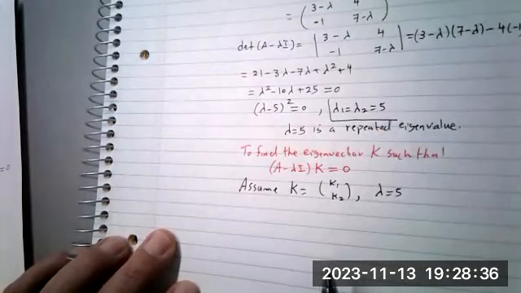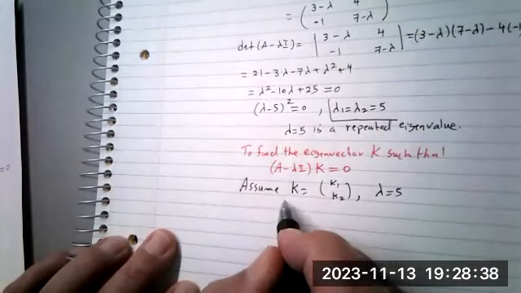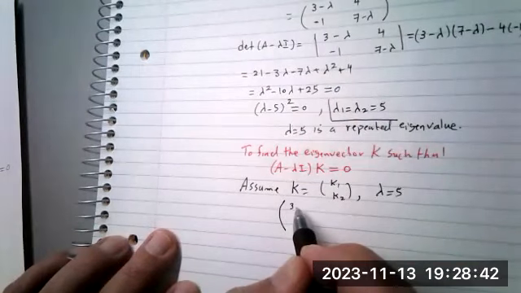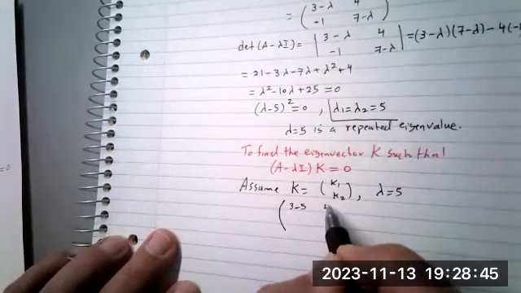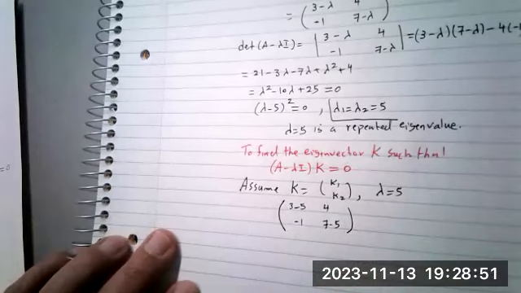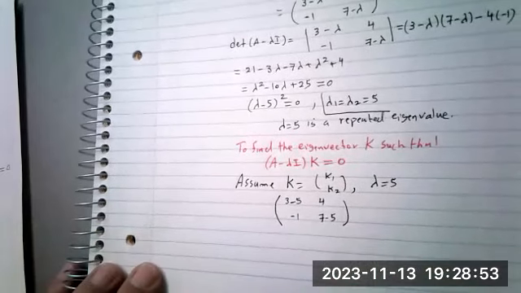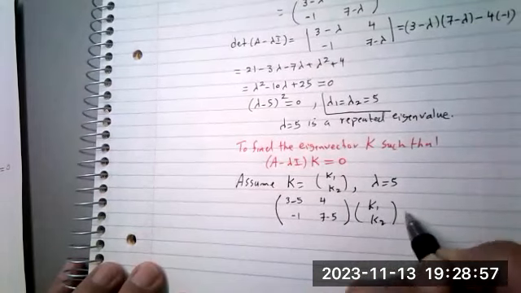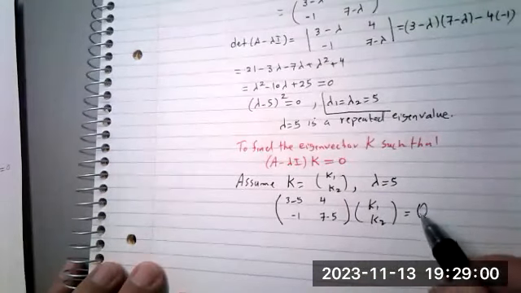So basically this is what would happen. That was 3 minus lambda, 3 minus 5, 4, -1, 7 minus 5. That is your A minus lambda I, times K, which is K1, K2, equal to the 0 vector.